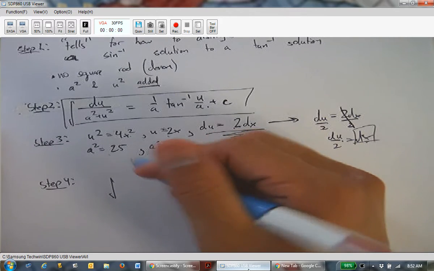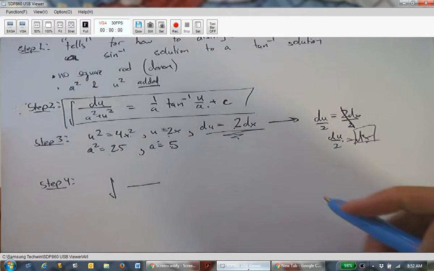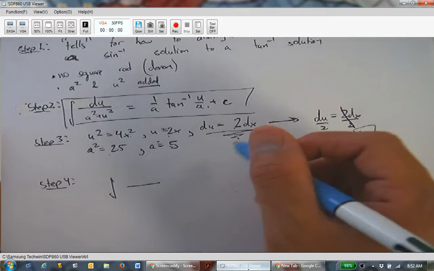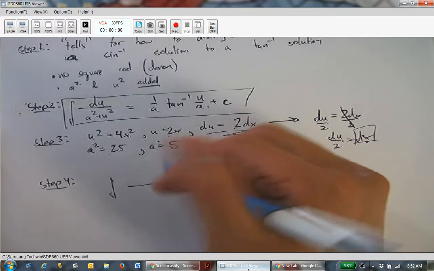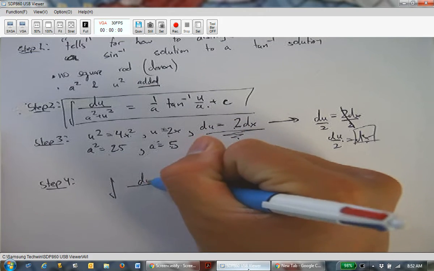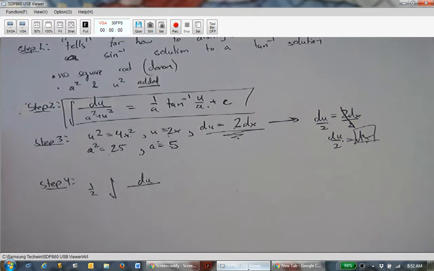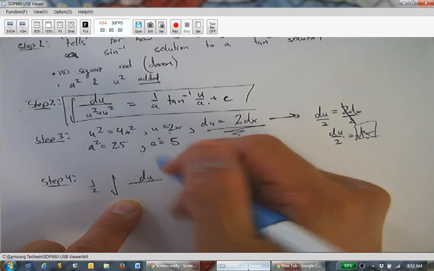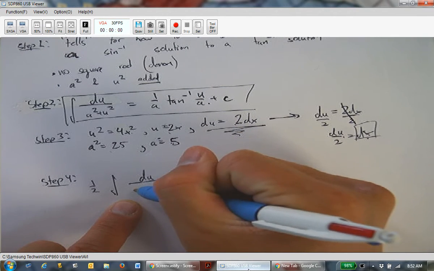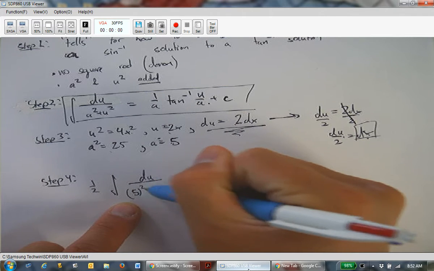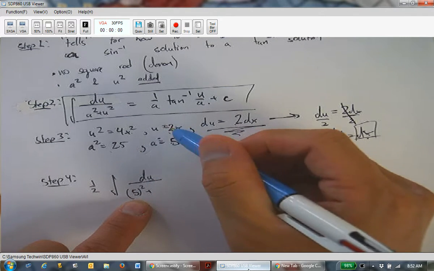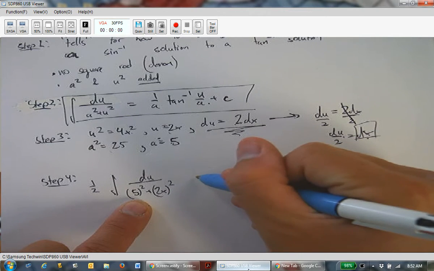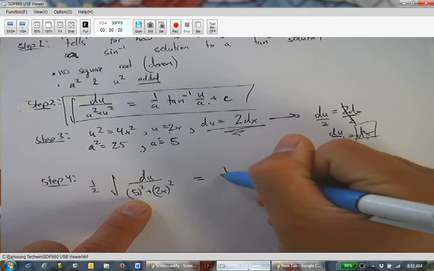Instead of dx, we're going to put du up here, and then we're going to put 1/2 here. And then a squared is going to be replaced with 5 squared plus your u squared, which is 2x squared. And then your solution is going to be as follows.